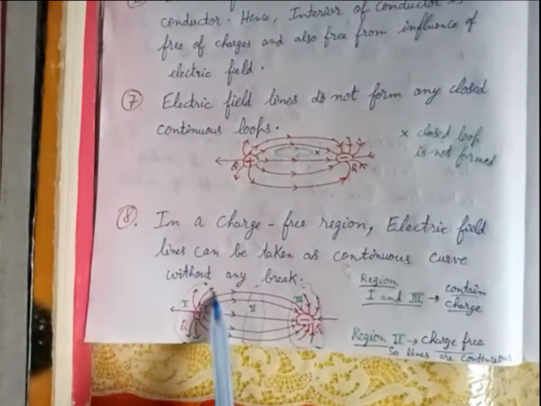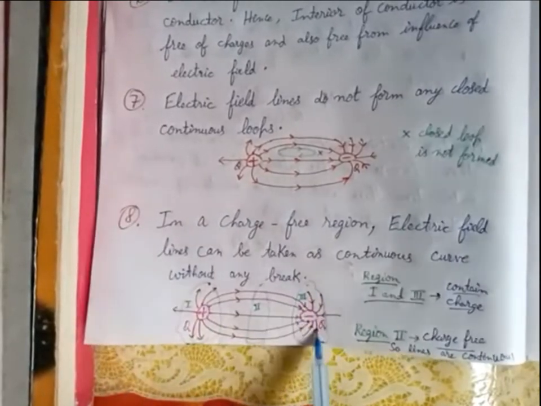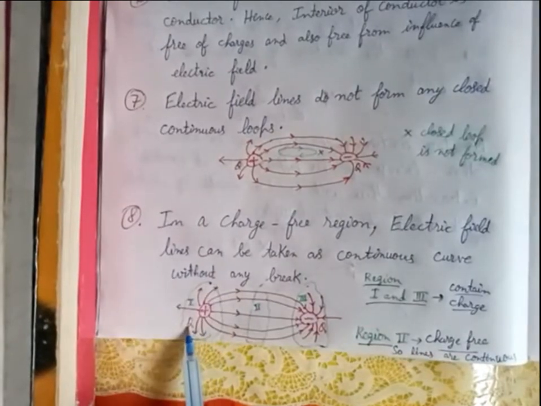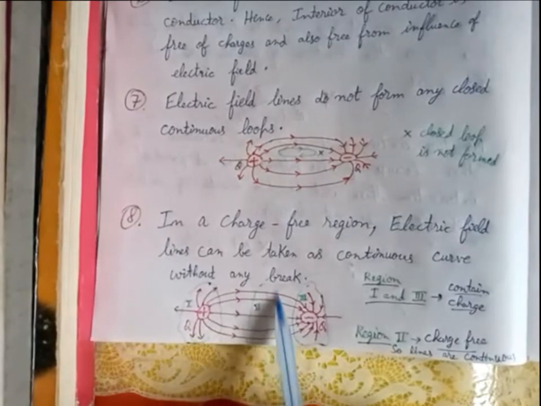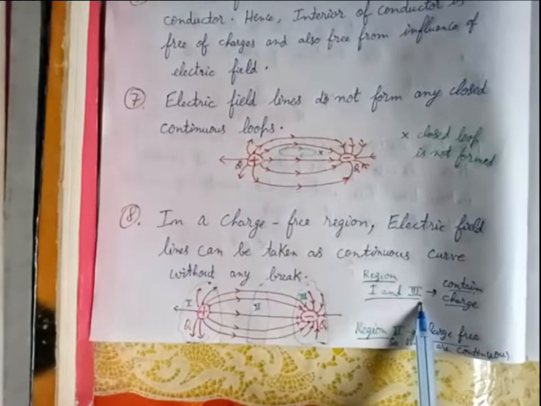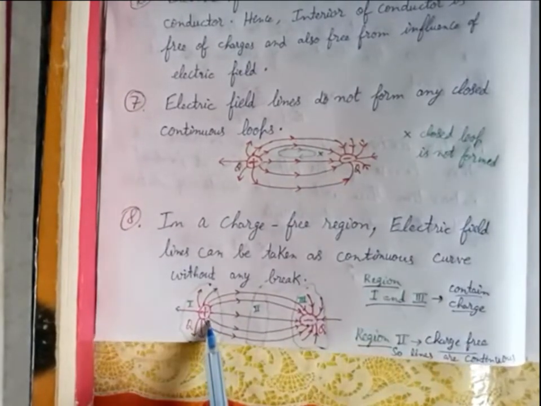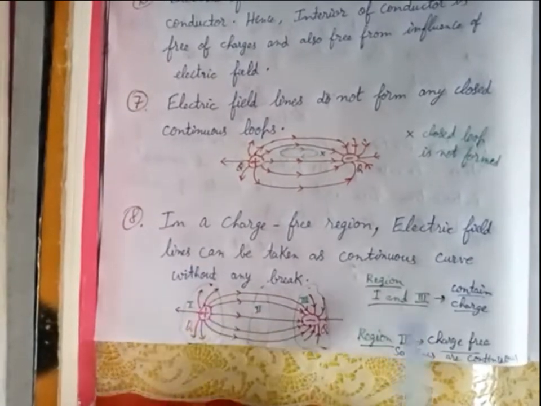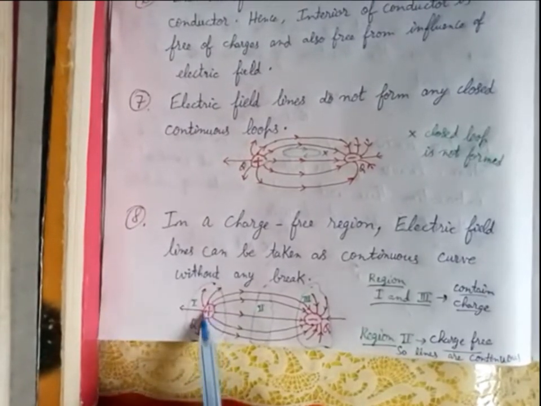This is region first, this is region second, this is region third. Region first contains the positive charge, region third contains the negative charge, but region second does not contain any charge. So in regions first and third, which contain the charge, there is a discontinuity at the charge point, or we can say there is a breakage of the field lines at the charge point.